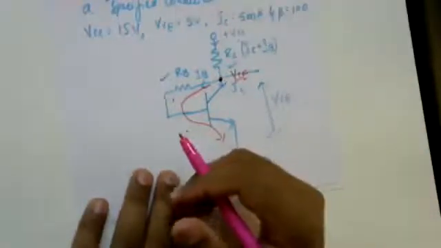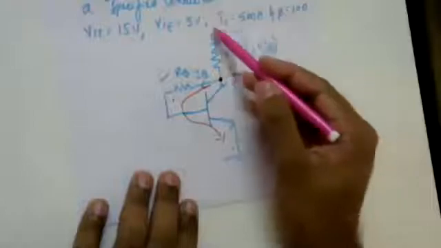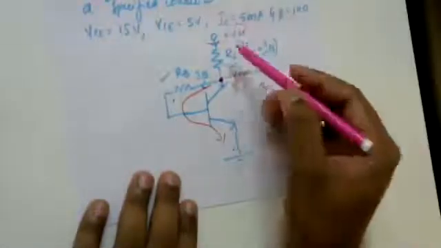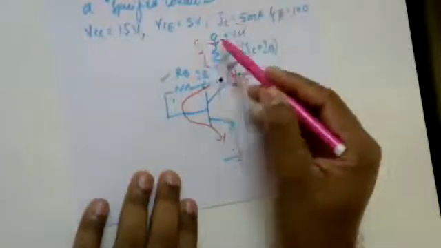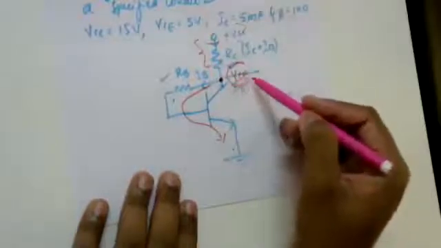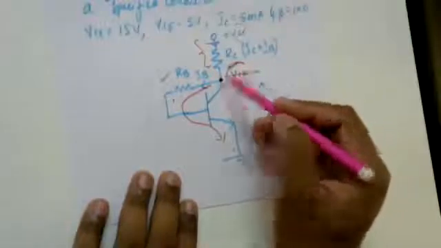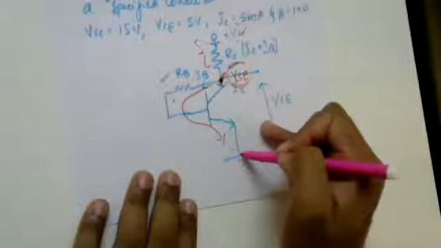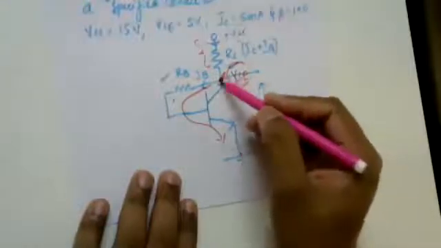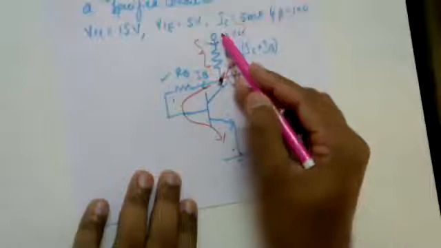Now you will be asking a question: sir, why are you not considering VCC and RC? I can simply say that when I say VCE, this voltage drop is already considered in it. What is VCE? It's the potential between the point C and the emitter, which is VCC minus IC plus IB into RC.